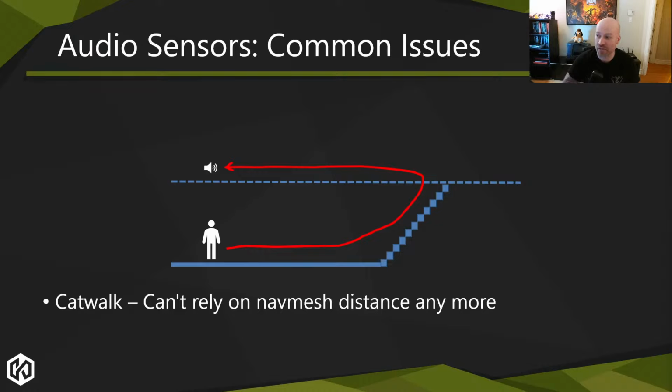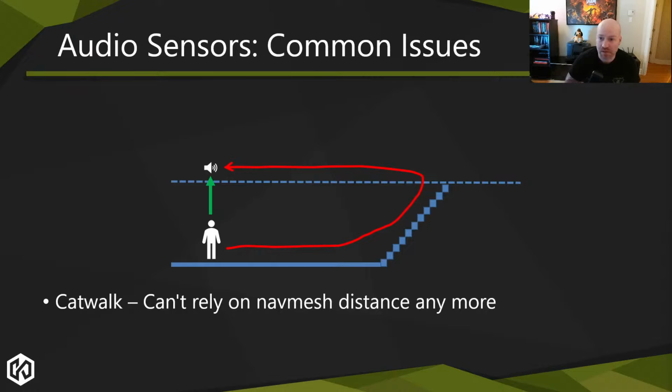There's a guy firing off a gun, but nav mesh tells me it's 20 meters away because I have to go up a staircase and around a corner and through a door and whatever else to get there. Euclidean distance says, no problem. And now you have a problem. Now you actually have a big issue of what do I do in this situation? How do I know if I can hear it or not?